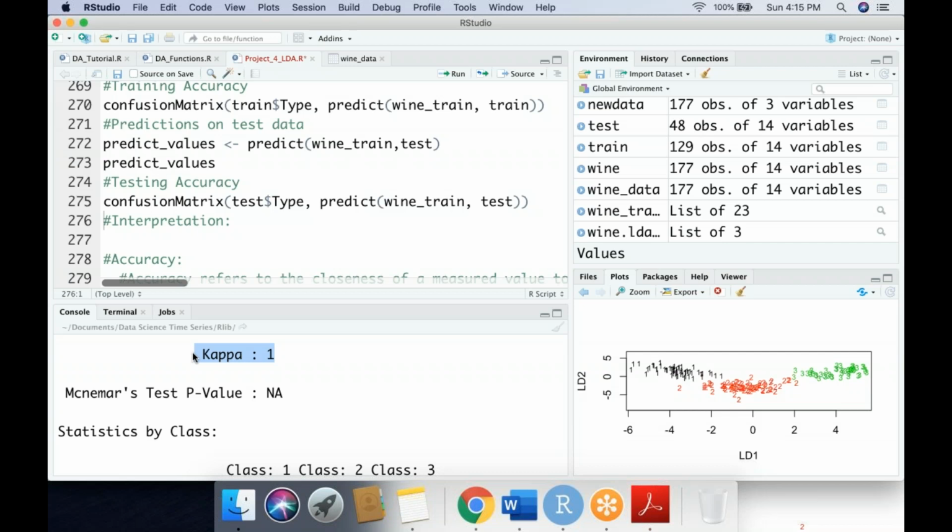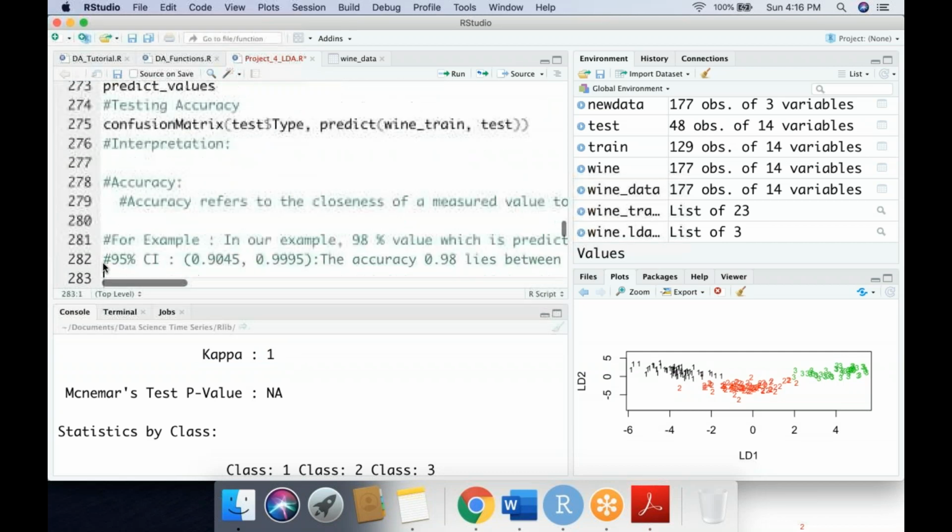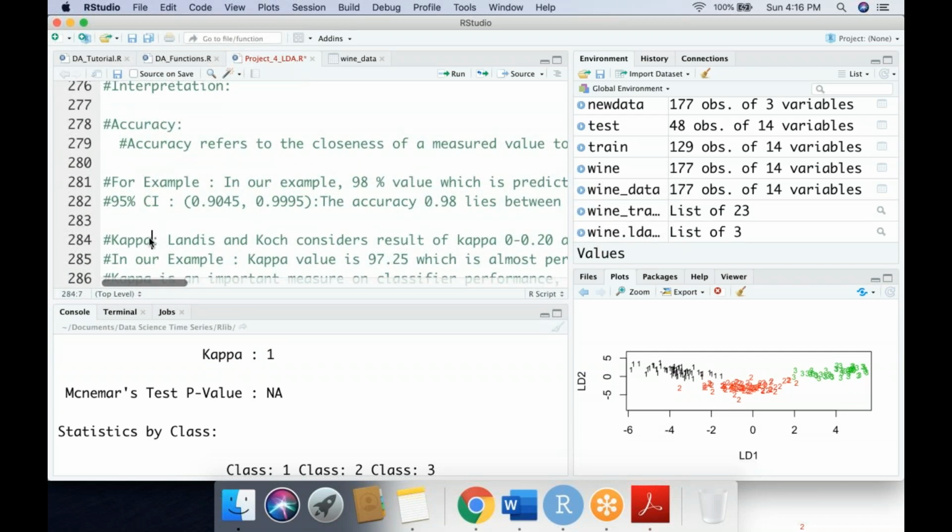Usually there is a kappa range, and if your kappa value is above 0.9, that is considered very good. You can see here we have got kappa almost around 100, which is again a bit of overfitting according to me.